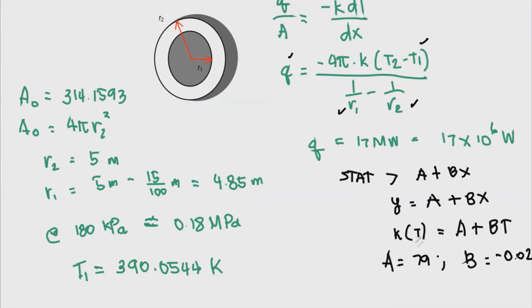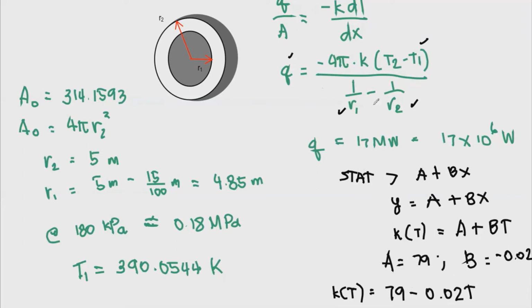So, that should be the values you get. What we input as X and Y are the values from the Perry's Handbook. In this case, our K as a function of T is simply 79 minus 0.02 T. That is our working equation for thermal conductivity.